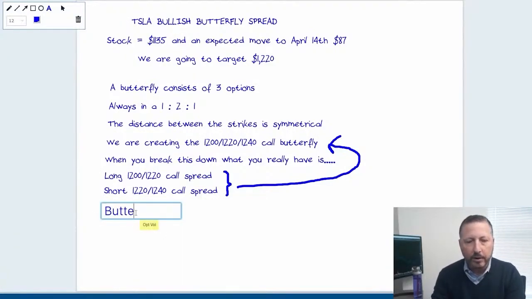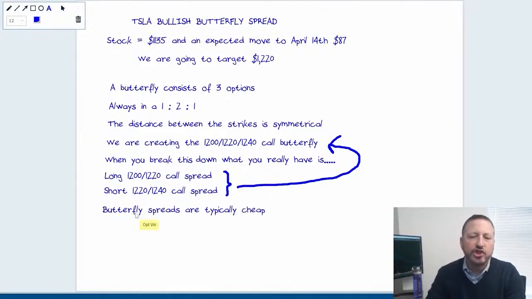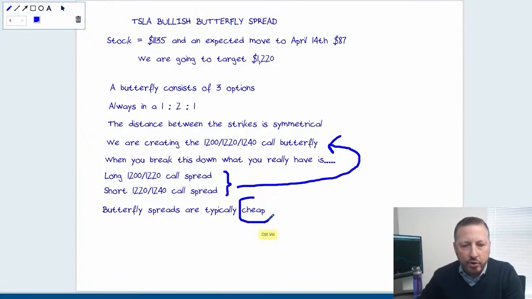Our butterfly spreads are typically, and I'm going to put in quotes here, cheap. What does cheap really mean? Well, how do we measure expensive or cheap? We have to measure that by the reward to risk.